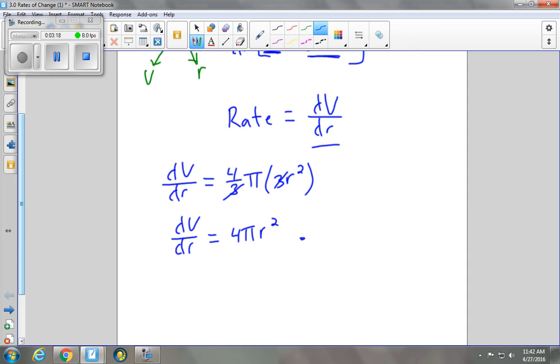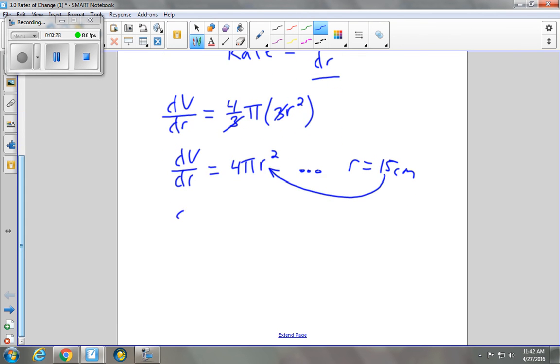And we knew that r was equal to 15 centimeters at this point, right? So all we got to do now is plug that into r. If we do that, the rate at which the volume is changing is going to be 4 pi times 15 squared, which is equal to 900 pi.